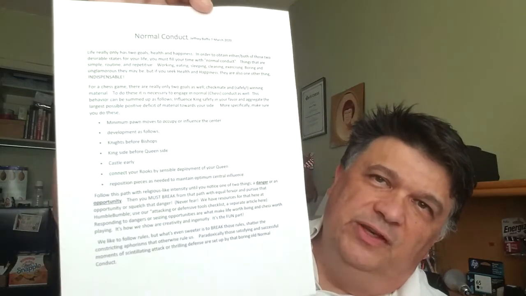with consistency, unless you see one of two things. And let me put this up on the screen real quick. I did this previously, but it's worth seeing again. So you do the routine or normal conduct unless you see one of two things: a danger or an opportunity. The metaphor I use is if you were brushing your teeth. That's a routine thing.